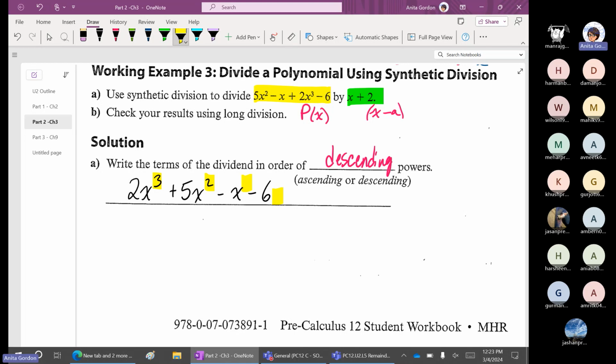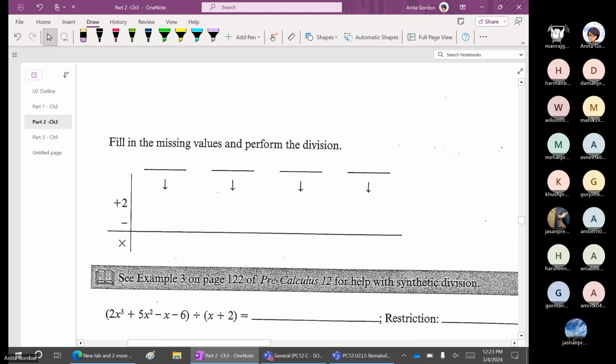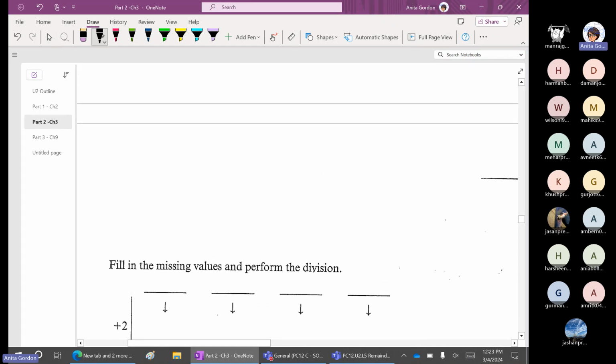So now I'm going to go to my next page, and I'm only going to write the coefficients. Okay, so just as a reminder, 2x cubed plus 5x squared minus x minus 6 divided by x plus 2.